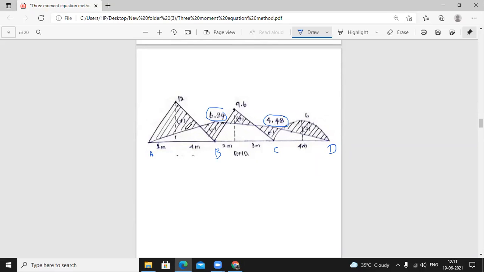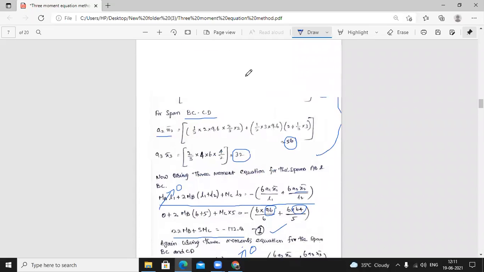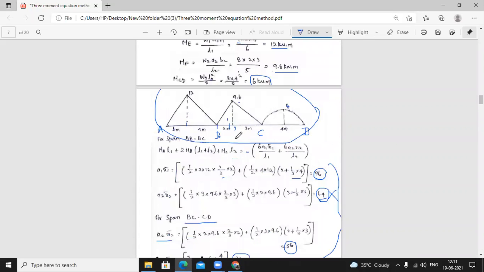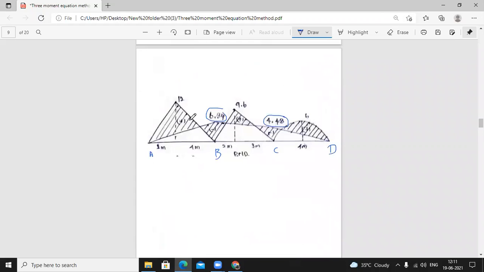Now impose the free bending moment, the simply supported bending moment diagram that we already drew above. You can see same diagram: 12 for the first span, 9.6 for the second span, and 6 for the third span.